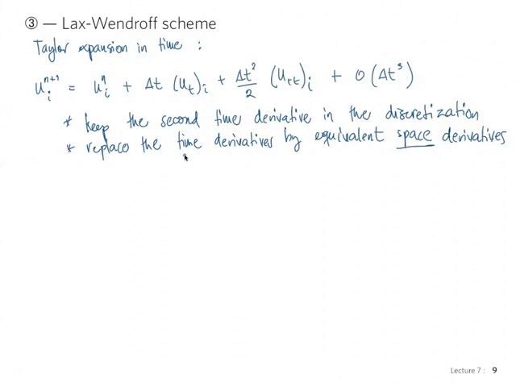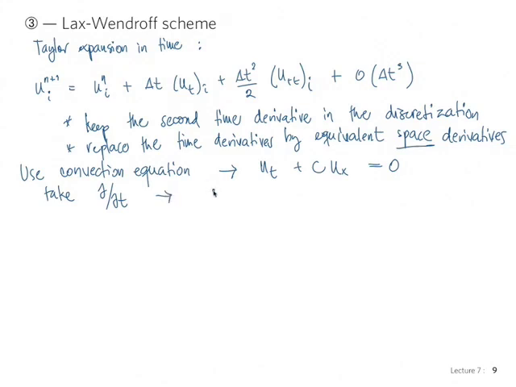So we're going to use the convection equation, kind of similar to what we did for the modified differential equation. u_t, partial with respect to time, plus c u_x equal to 0, and take a time derivative of that, to get, as we've done before, u_tt equal to minus c u_x, again the derivative with respect to time of that, and we can swap again the order of the derivatives to write minus c u_t, and now derivative with respect to x, and as we've done before, this is equal to c squared, using the convection equation, equal to c squared u_xx.